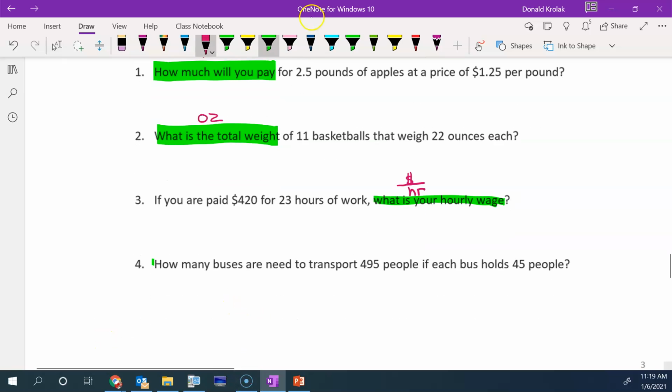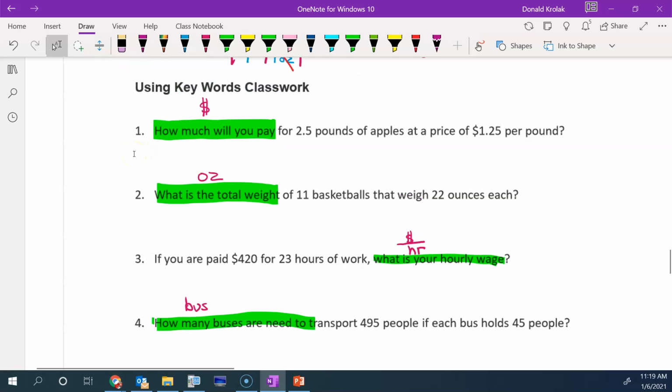Okay, next one is asking me how many buses do I need to move 495 people? So when I'm all done, I only want the word bus to be left over. So if I know what label has to be left over, that tells me how to use these other numbers.